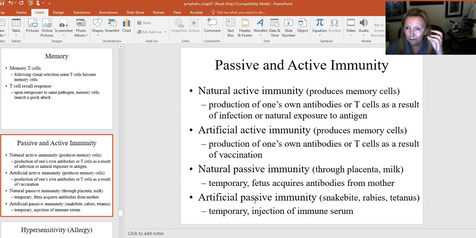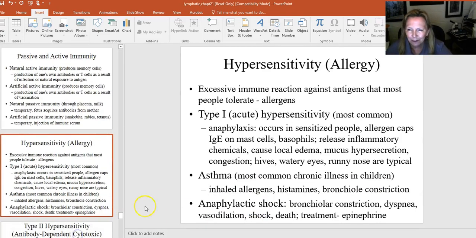Because if they artificially give you that immunoglobulin, which is just protein, it's going to seek out these antigens, take them out, and help to protect you. So this is temporary, though, just like natural passive is temporary. So passive is temporary. All right, so that's the difference in those two, active versus passive. Make sure you would know some examples of that.